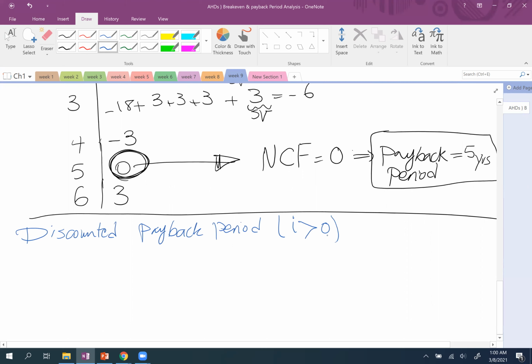We said to solve this type of problems, to determine the value of payback period, the easiest way to do is to calculate the present worth and set it equal to 0. And of course, n is missing.